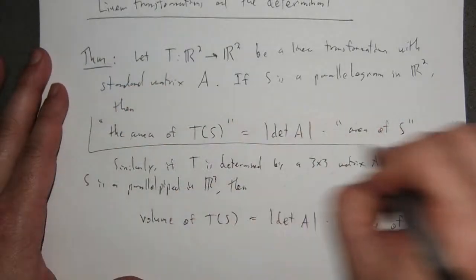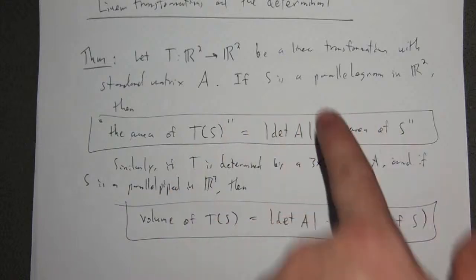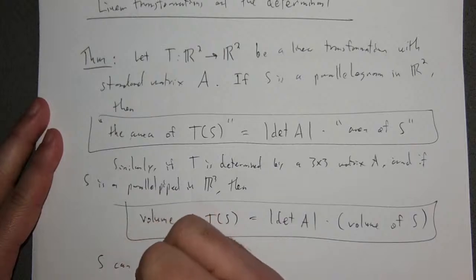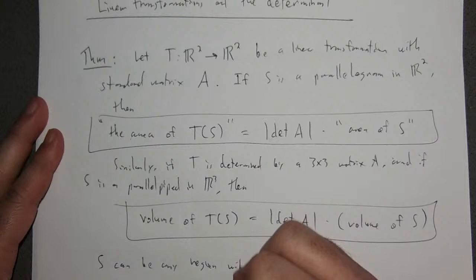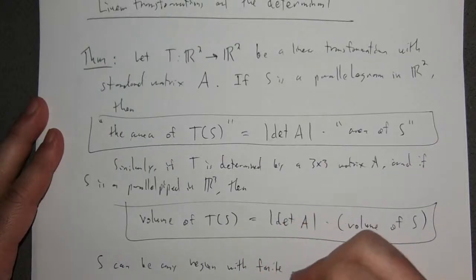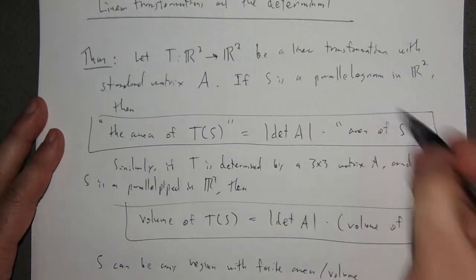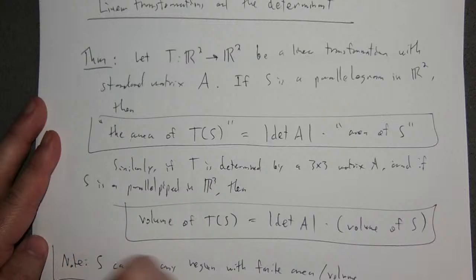Here we began with regions S. S was a parallelogram in the two-dimensional case. In the three-dimensional case, S was a parallelepiped. Actually, it doesn't matter what S is. S can be any region with finite area or volume. It doesn't matter if S is a parallelogram or a parallelepiped. It's just easier to prove in those cases.